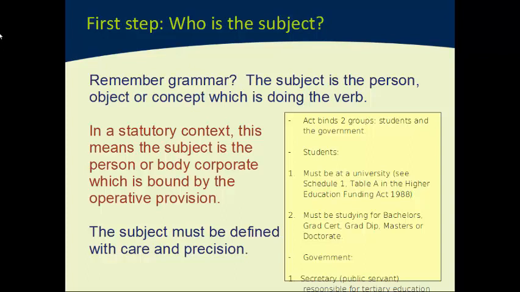The government has decided that an annual grant will be made available to students to enable them to purchase technology. However, eligibility will be restricted to students who are at a university studying for a bachelor's degree or higher, and the grant will be restricted to students with an annual income of less than $30,000.